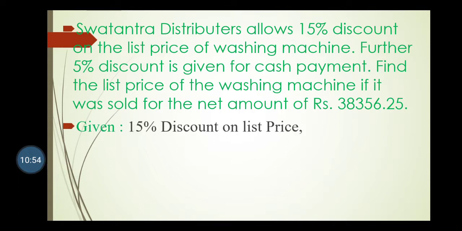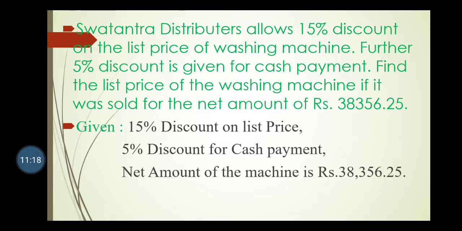What is given? 15% discount on list price. As this discount is applicable on list price, this 15% is the trade discount. 5% discount for cash payment, so this 5% is the cash discount. Net amount of the machine is rupees 38,356.25.